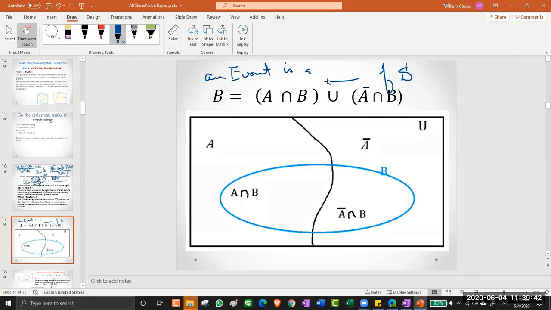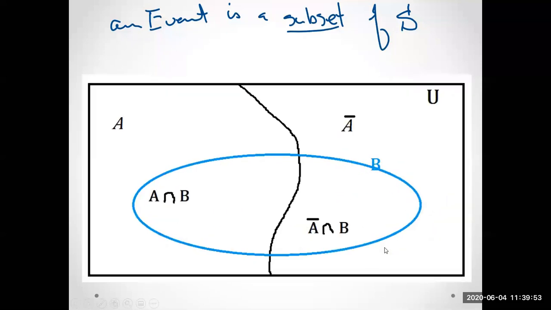Subset of the sample space. Okay, so I say we have 3 events here. What are they? So the sample space is U. What are the events that I've drawn? You could say there's more than 3, but I think there are 3 main ones.